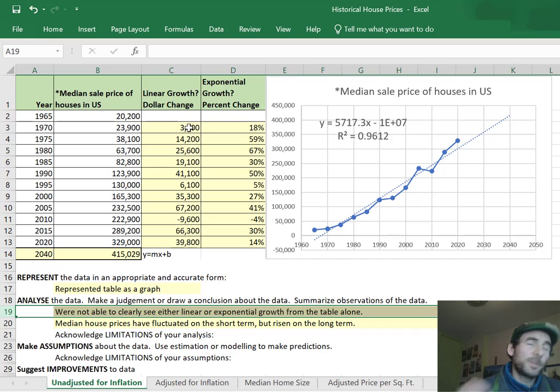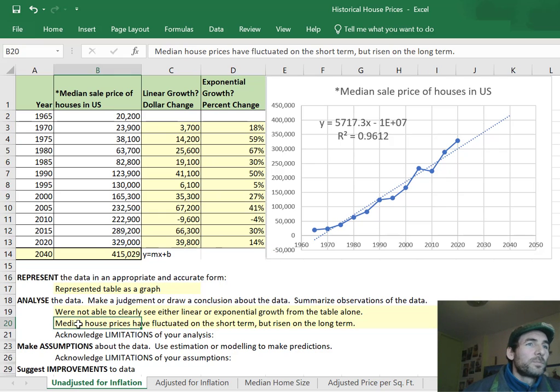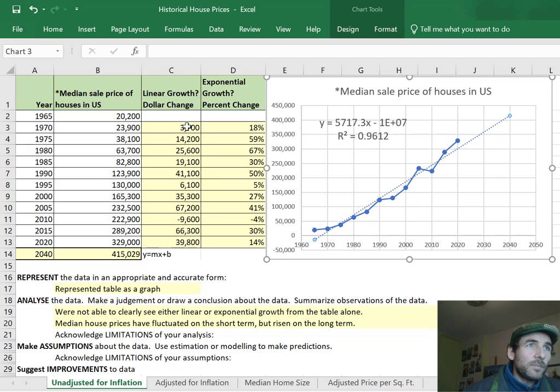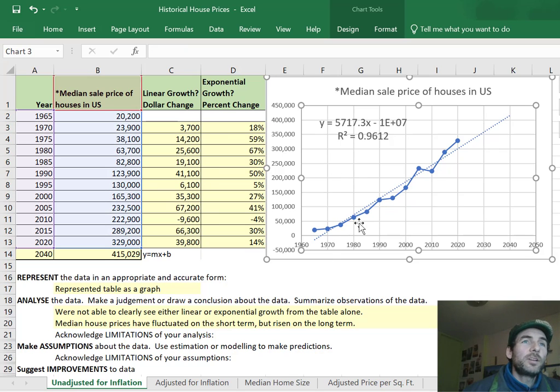It was hard to pinpoint a particular slope or a particular growth exponent, percentage growth rate, either one. But when we look at it and we've graphed it, what we can say is that the median house prices have fluctuated on the short term, but they've usually risen, and they've risen definitely on the long term, right?